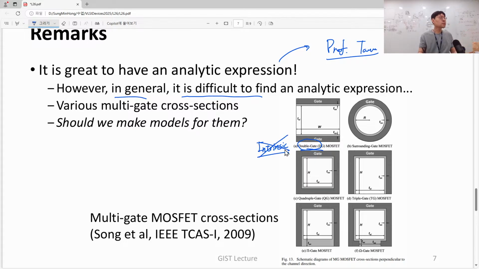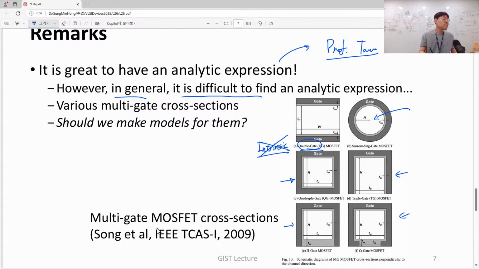How about the doped one? We don't have an exact analytic expression. How about a perfectly cylindrical structure? Unfortunately, even in this case, we have no exact analytic expression, and things become even more complicated if we go to the quadruple gate.